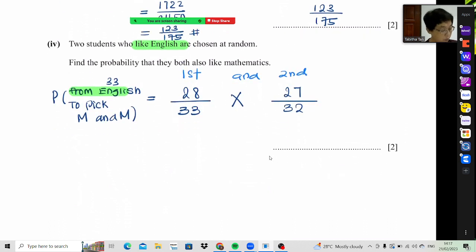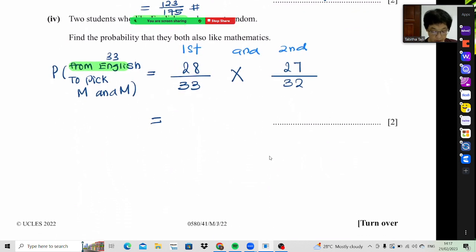Then you proceed to press the calculator, and this time I will just go direct to the simplified answer. Once you press the calculator, you get 63 over 88. So 63 over 88.